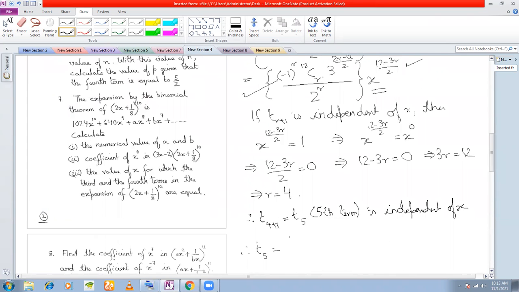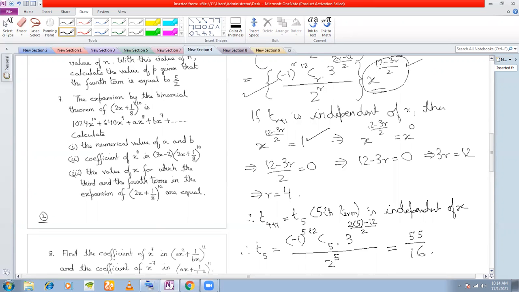Minus 1 to the power of 5, 12c5 into 3 to the power of 2 into 5 minus 12 divided by 2 divided by 2 to the power of 5. And this we already taken as 1, isn't it? This we are taken as 1. So we don't need to write that. Okay. So this you can find out as 55 by 16. And that should be your answer.